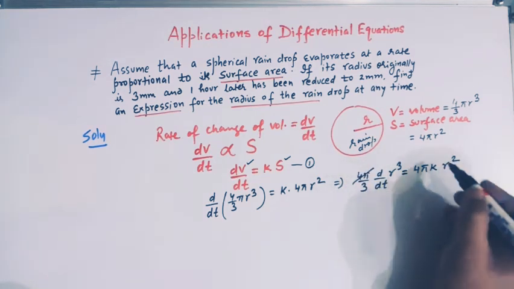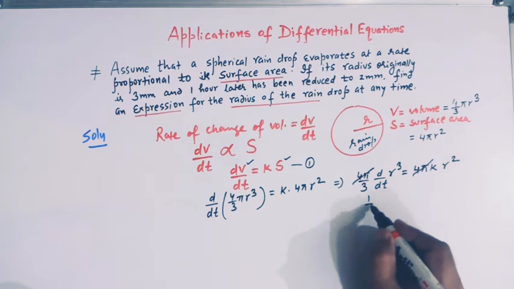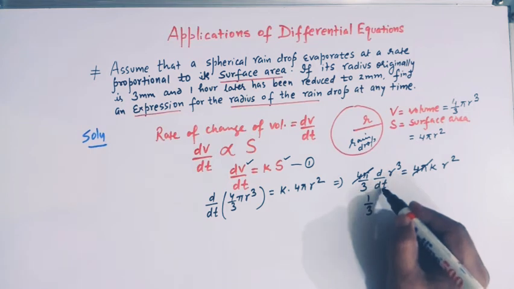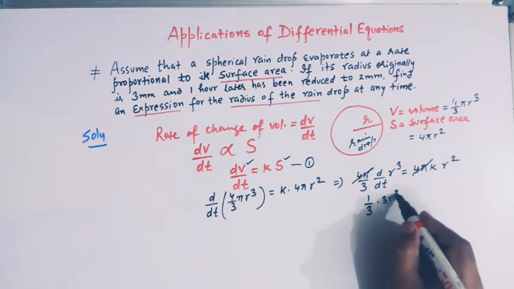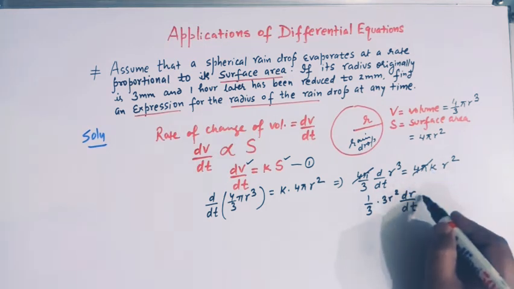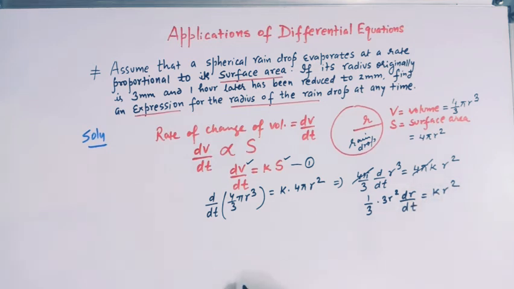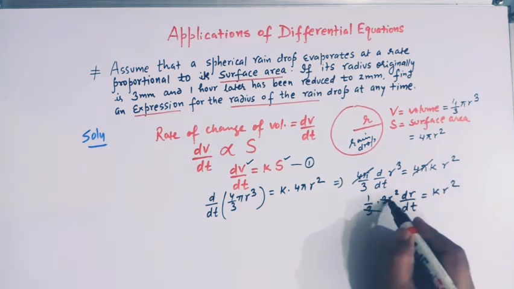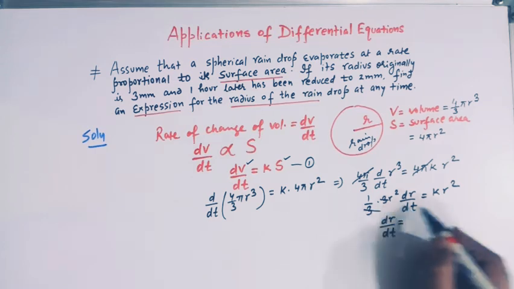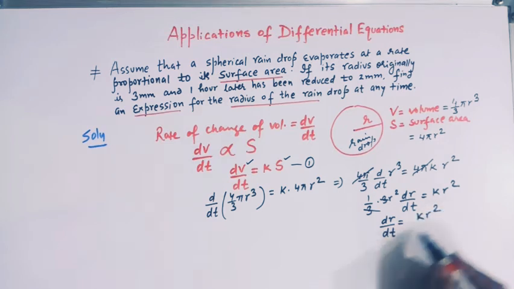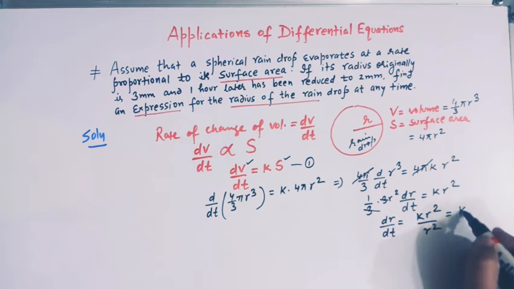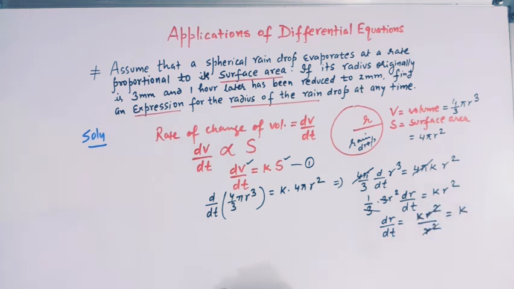Now the 4 pi and 4 pi get cancelled, and we have 1 over 3, and d r cube over dt is 3r square dr over dt, and here we have k r square. So 3 and 3 get cancelled, so dr over dt is k r square over r square, which is equal to k, because r square and r square get cancelled.